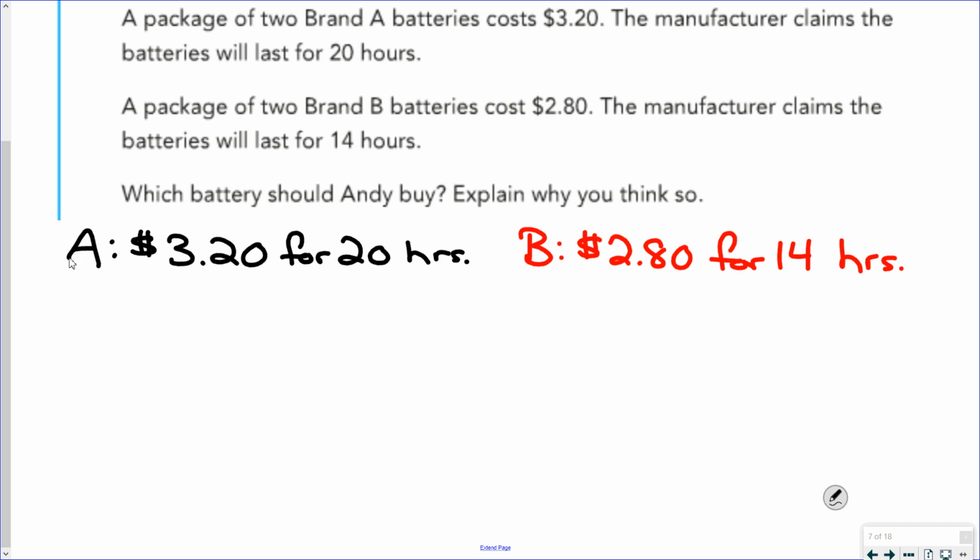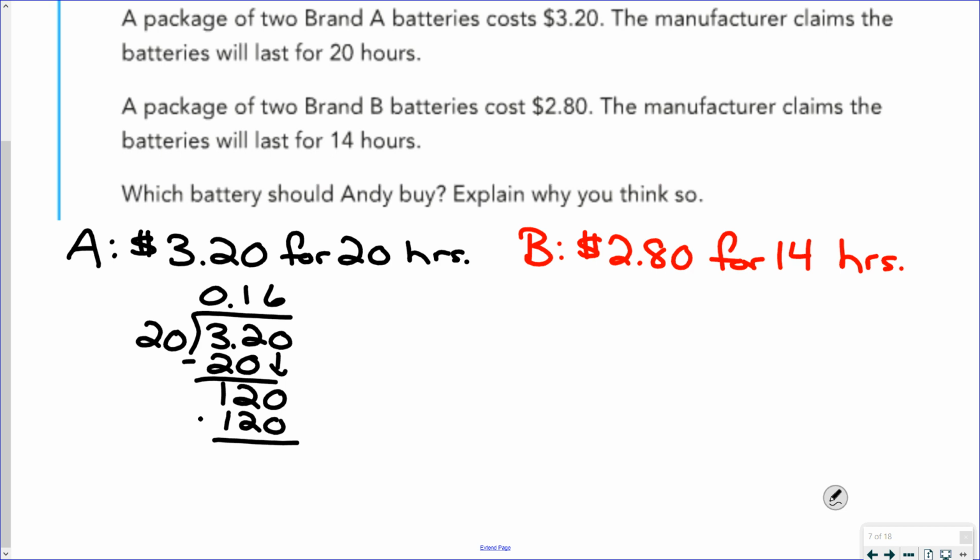So if we want to determine cost per hour, we take $3.20 and divide it by 20. And brand A is going to cost us 16 cents per hour.